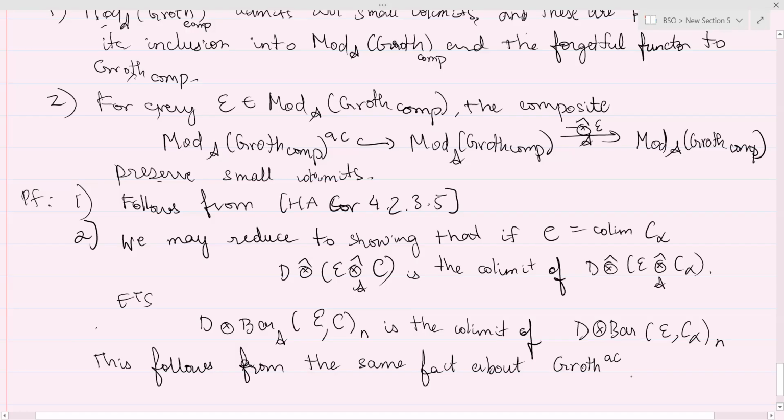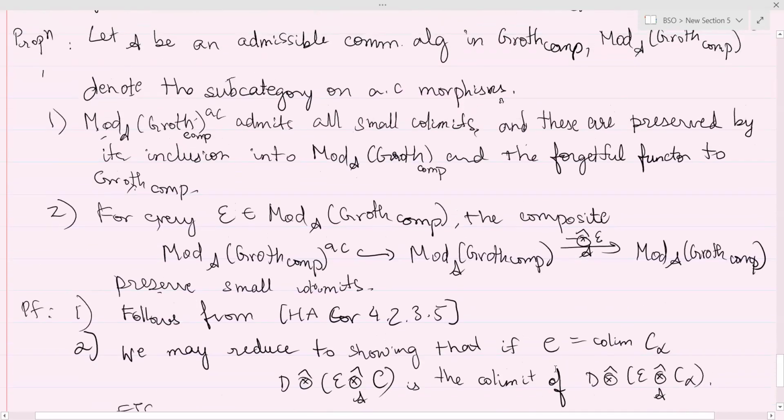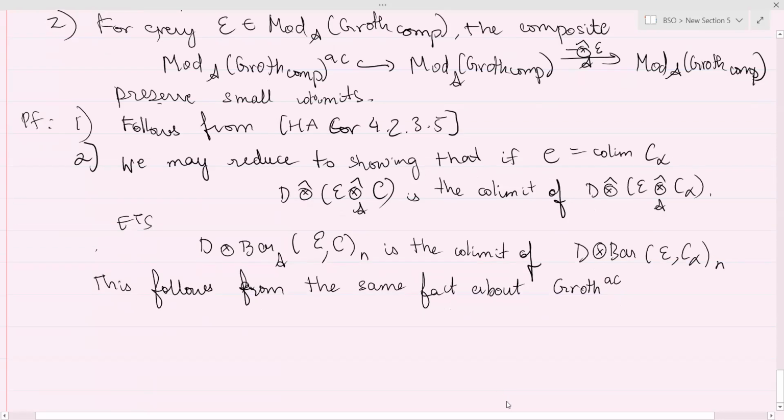So yeah, this statement about the colimits is essentially just bootstrapped from the corresponding statements about Groth comp with the help of this corollary from Louis.